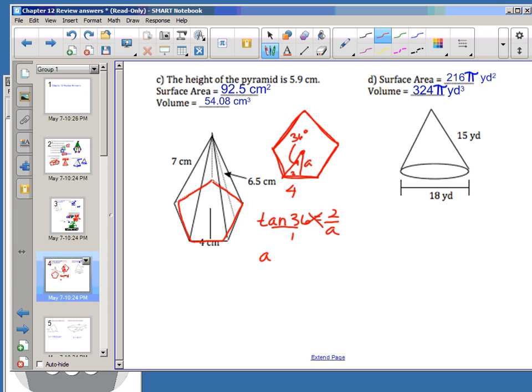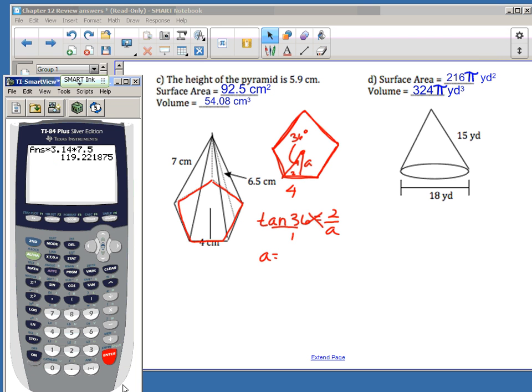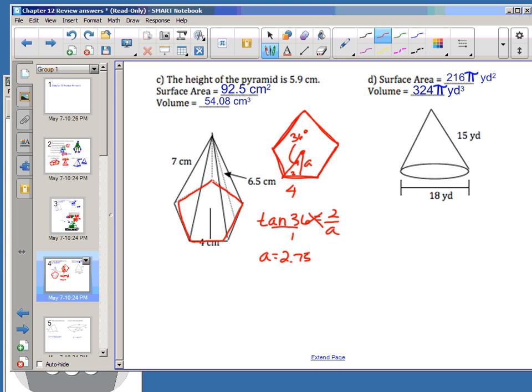I'm going to get my apothem to be... gotta make sure I'm in the right mode first, which I'm not. Okay. 2 divided by tan of 36. And I get 2.75 for my apothem. So I now know that this is 2.75.